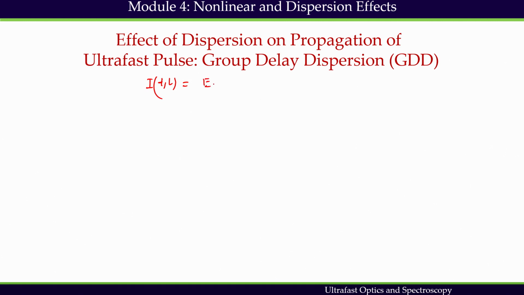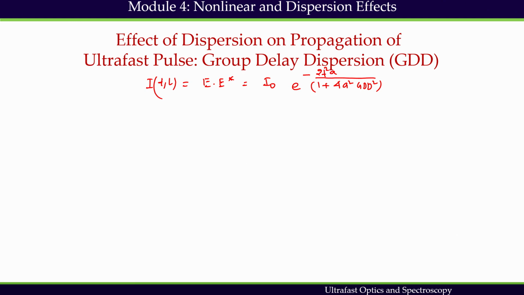So the total intensity is I naught e to the power minus 2 t square a divided by 1 plus 4 a square GDD square. This is the expression we get finally.